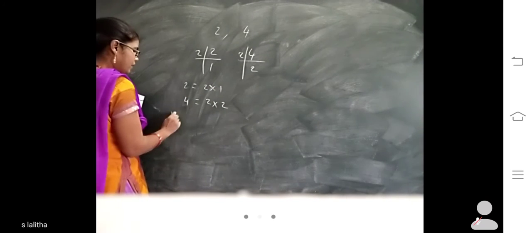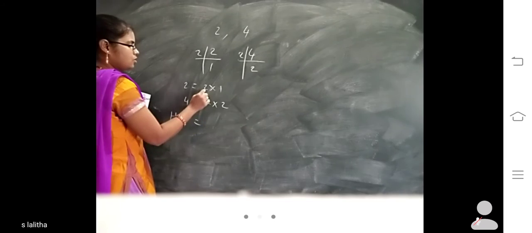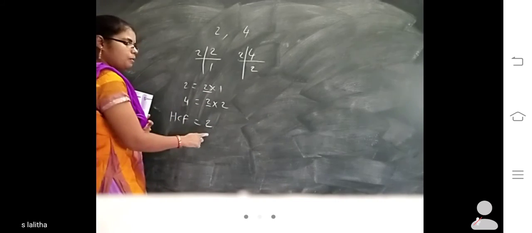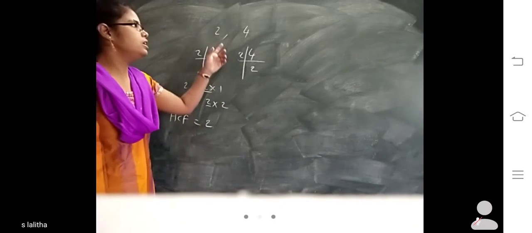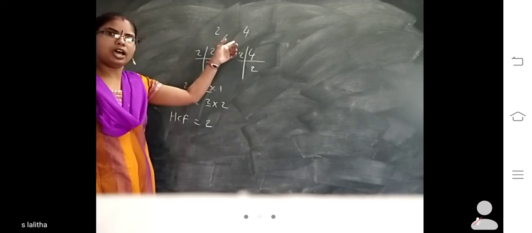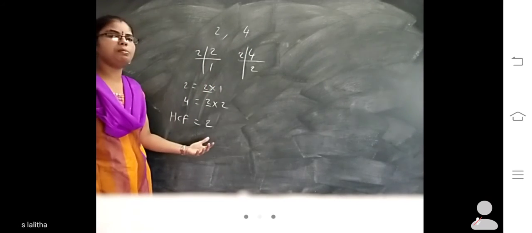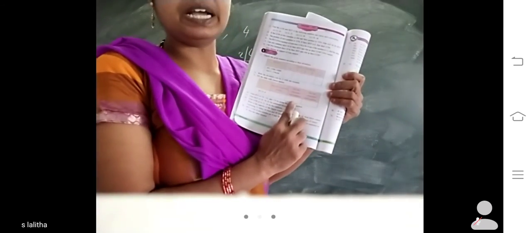What is the common factor? 2. For any two consecutive even numbers, the HCF will be 2. So write here 2. Second box, write 2.